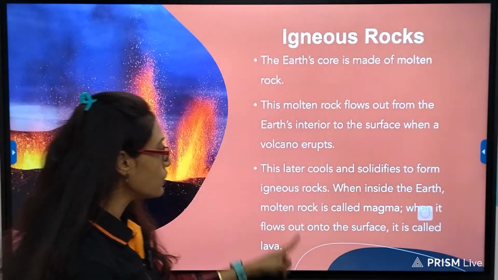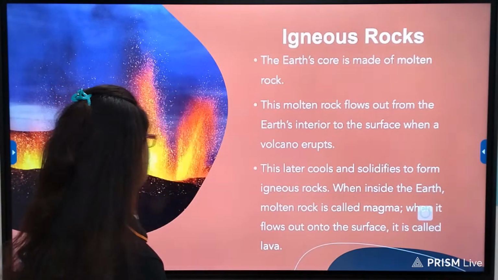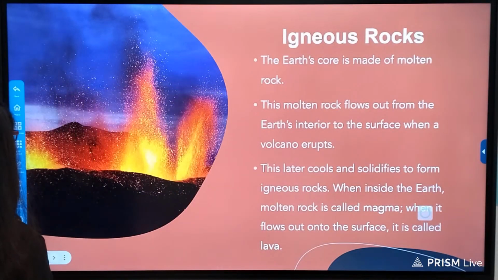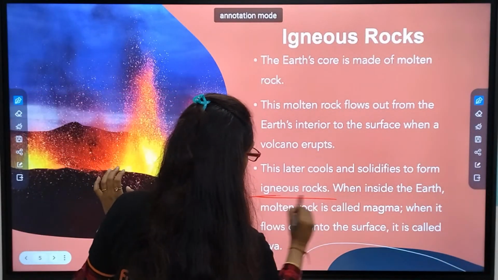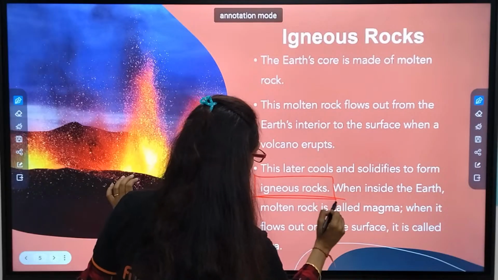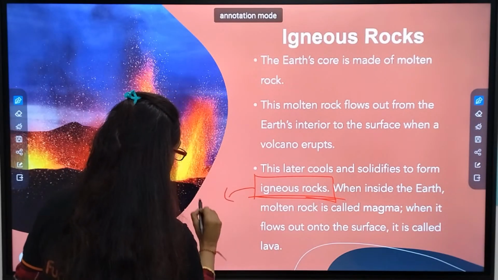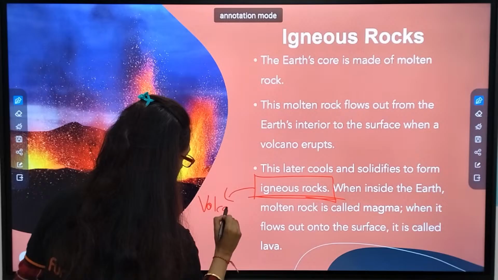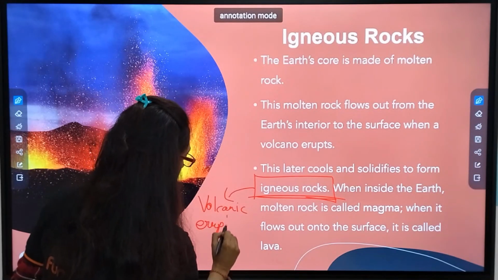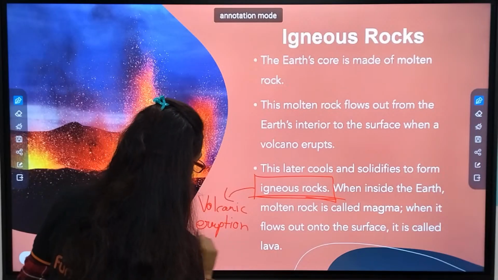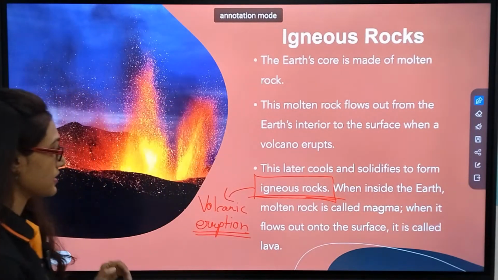This lava cools down and solidifies to form what? It forms igneous rock. So, igneous rock is formed by volcanic eruption. It is the only rock which is formed by volcanic eruption.